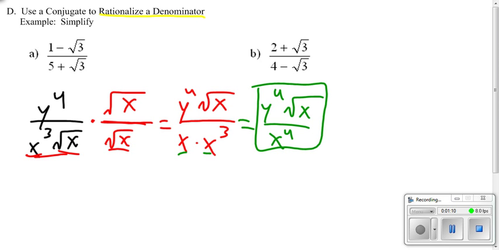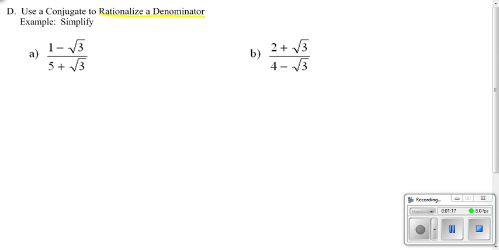Notice that we got rid of all of the radicals out of our denominator, which is what we were shooting for. So in that case, because we multiplied everything, we could just multiply by our radical. So when our denominator looks something like this, 5 plus root 3, remembering that that's all one number, that's one binomial on bottom, you might think right away, oh, we can just multiply by the square root again, like we did in our last one.